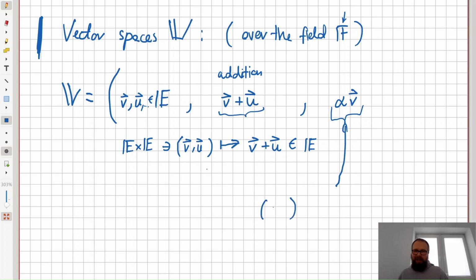You take a pair, alpha and v. Alpha is taken from our field. So real numbers, complex numbers, or whatever else you want. Grassmann numbers, I don't know, if you are really, really insane. And v from E, right, a vector. So we have this kind of pair.